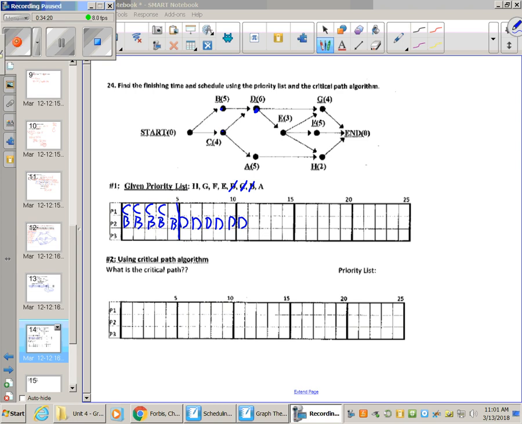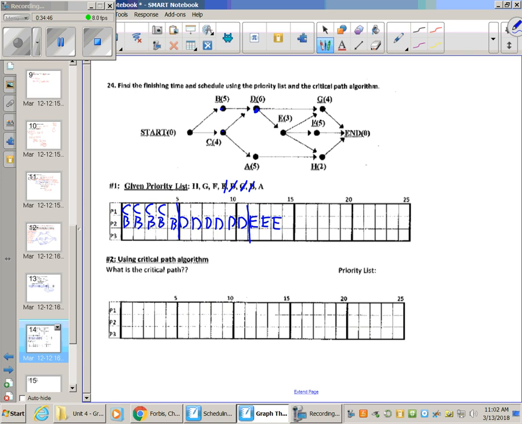Well, E's prereq is D, and only D. So yeah, I can go to E next, as long as it's past this point right here. Past 11. So again, I can put it wherever I want with P2, P1, P3, but I'm going to try to decrease idle time. So I'm just going to give it to P2. I don't want there to really be much gap. So 1, 2, 3.